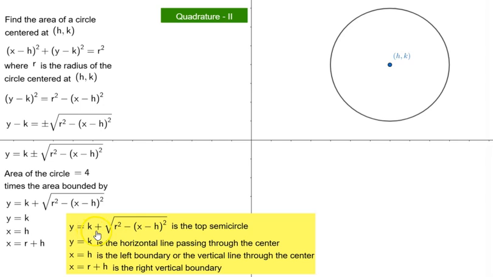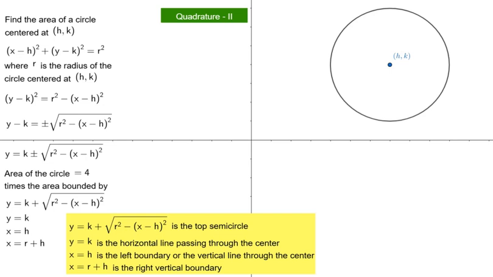We have y is equal to k plus square root of r square minus x minus h square, which is the top semicircle. So that defines one boundary. y is equal to k is the horizontal line passing through the center. x equal to h is the left boundary, or the vertical line through the center. And x equal to r plus h is the right vertical boundary.